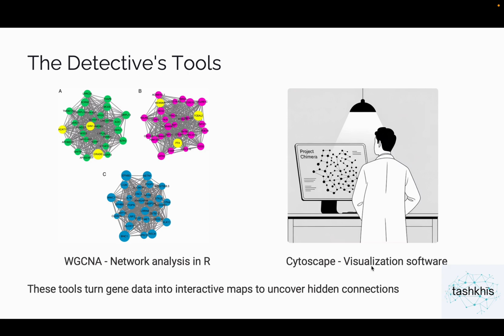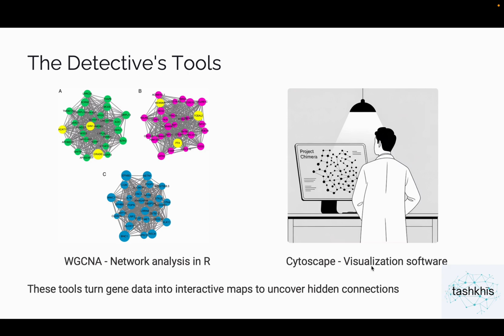To map these hidden neighborhoods, scientists use tools like weighted gene co-expression network analysis, which is a popular R package that builds networks of co-expressed genes. And with tools like Cytoscape, a visualization software that lets you see networks of genes as maps with clusters, hubs, and edges. These tools turn raw gene expression data into interactive maps, where clusters of genes emerge like neighborhoods in a city.